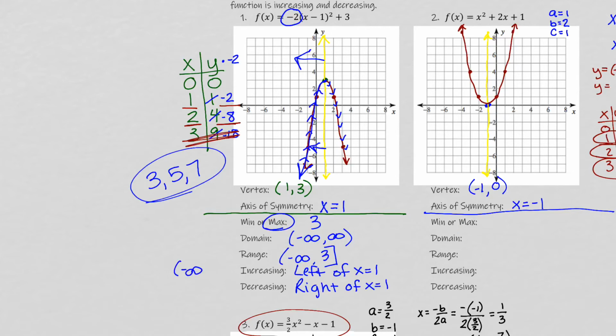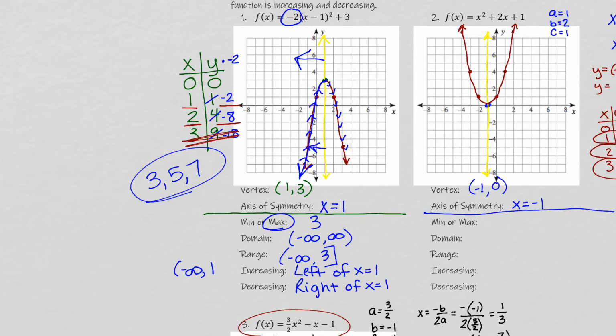So it'd be negative infinity, and it goes all the way up to the top when x equals 1. So that's why you stop at the x value, not the y value. But it's not increasing at 1, because at 1 that's its vertex. Its line would be not increasing or decreasing, it'd be flat.